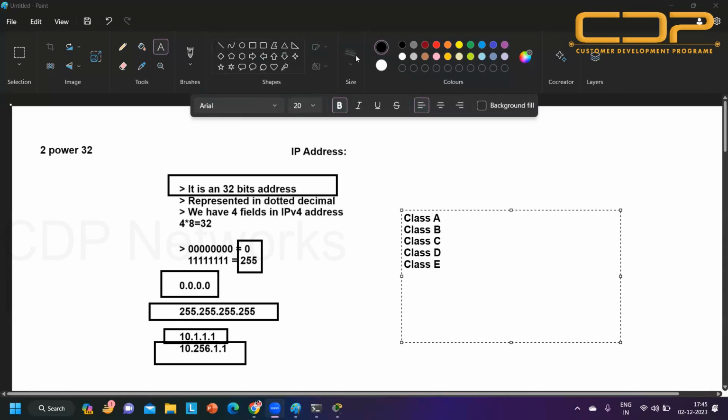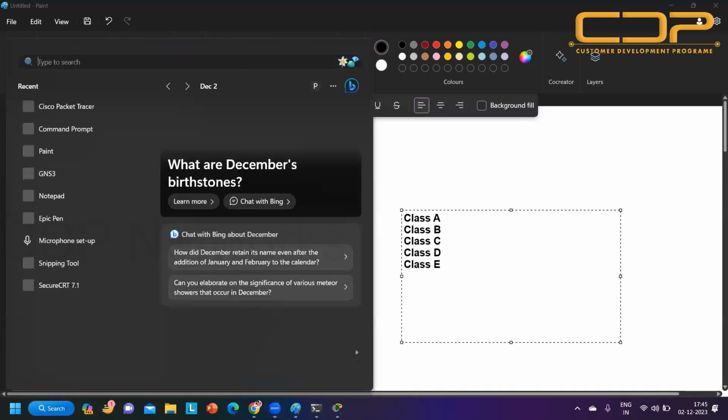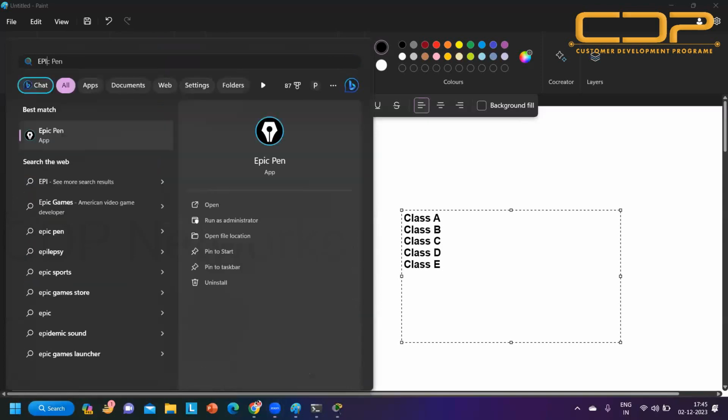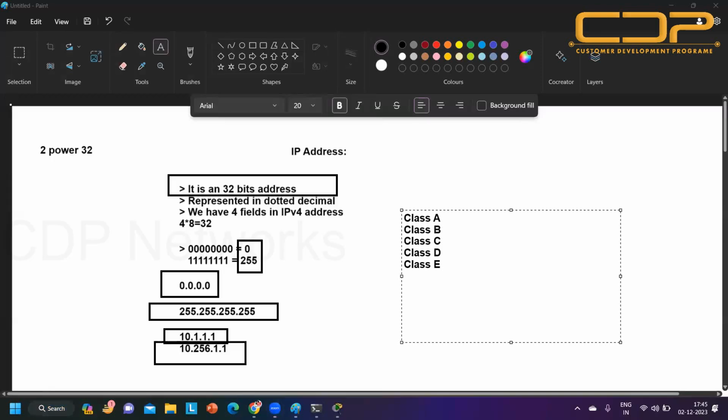On what basis do we divide IP addresses into classes? On the basis of the value present in the first octet, or you can say in the first field.